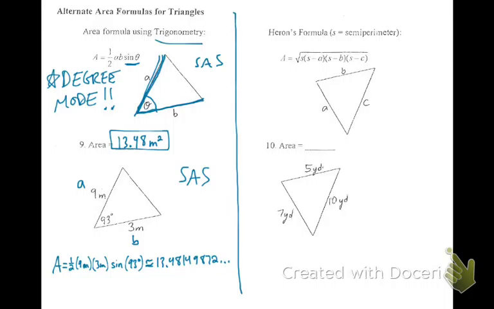Now for a triangle where you know all three sides, you're going to use something called Heron's formula. And it uses something called a semi-perimeter. Semi means half, and the perimeter is just the outside side lengths added together. So the semi-perimeter is half the perimeter.